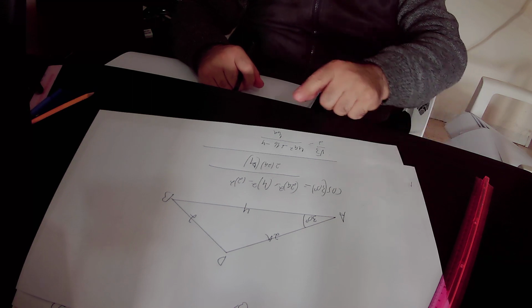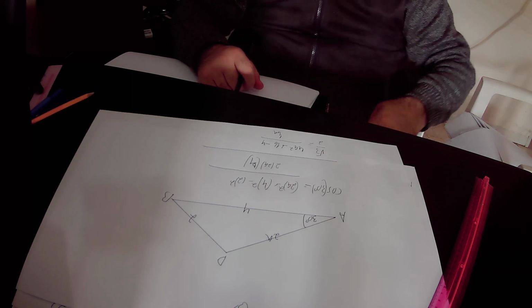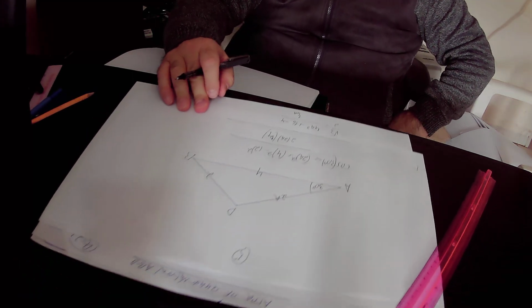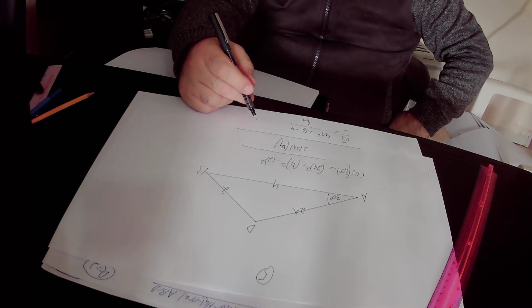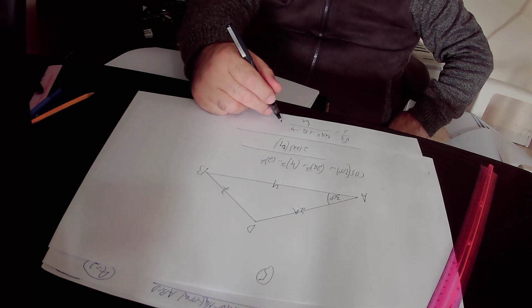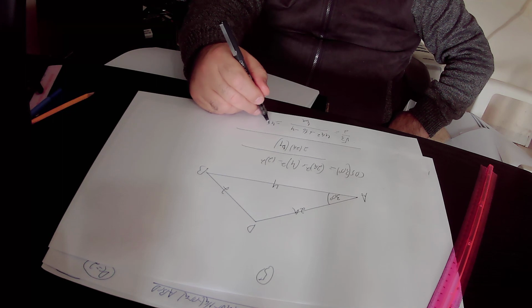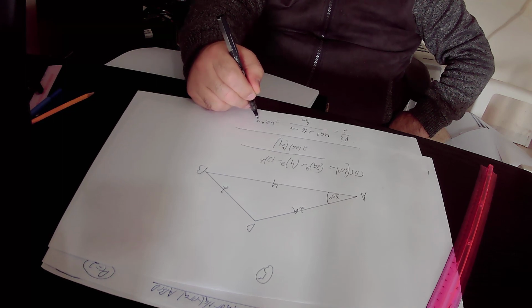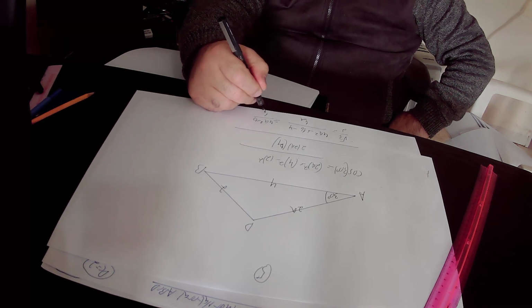Here 16 minus 4 is 12, so it will be equal to 4a squared plus 12 over 16a.